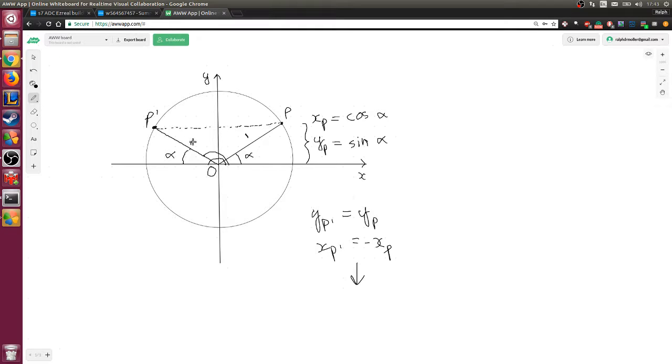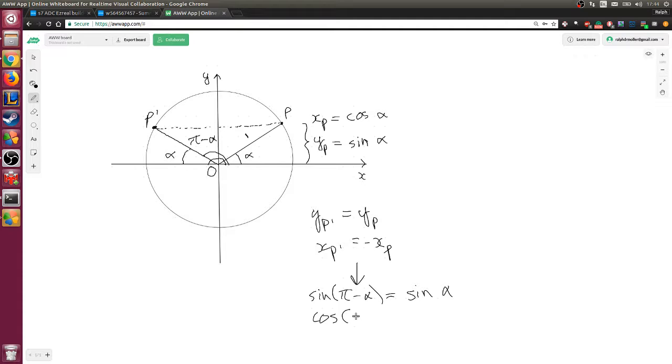That means we took pi and subtracted alpha from it. And that means we now have our angle, so the y-coordinate is converted to the sine of the corresponding angle, pi minus alpha. And apparently that's equal to the sine of alpha.